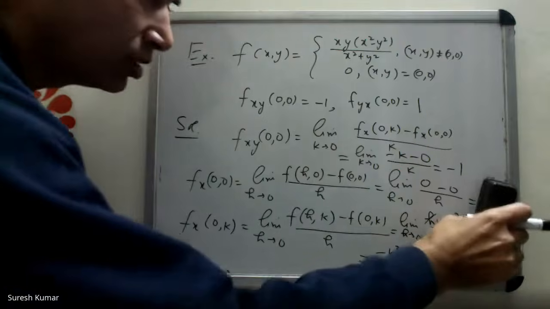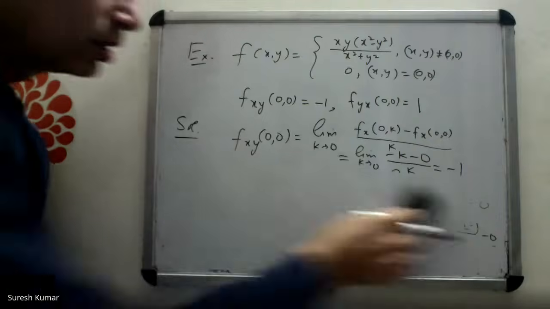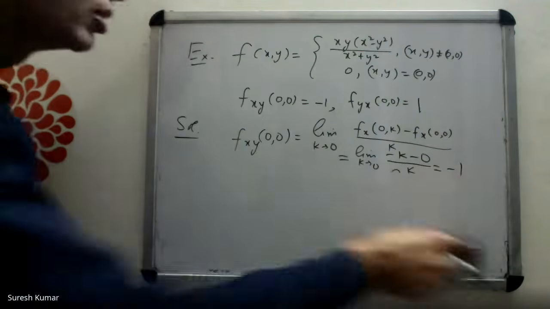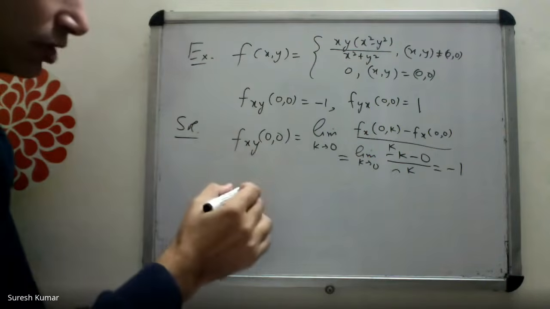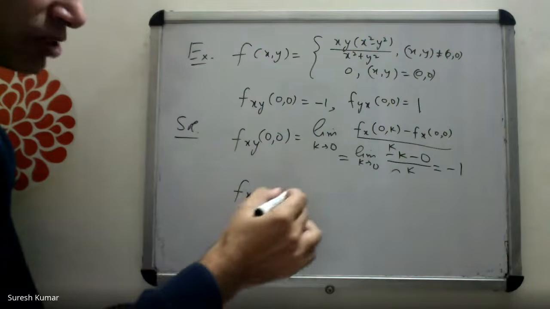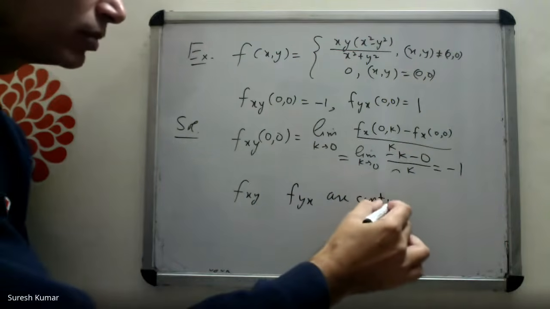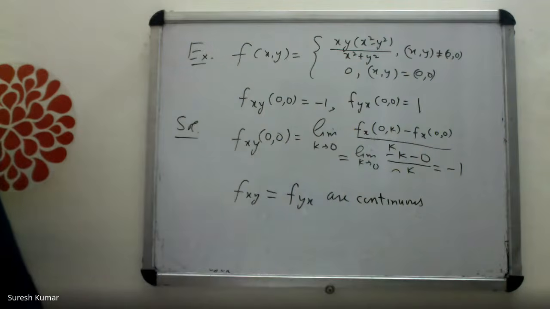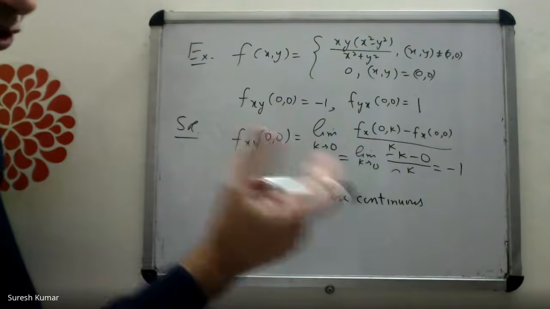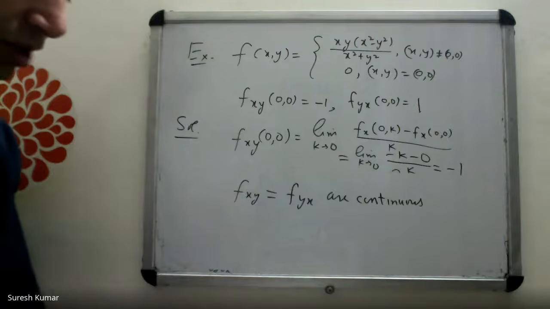So now I tell you the criteria which can be used to say when order doesn't matter. If the two partial derivatives fxy and fyx are continuous, then these are equal. In the previous example, we were finding fxy equal to fyx, and you can clearly see that those partial derivatives are continuous.